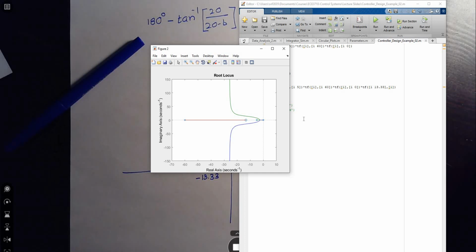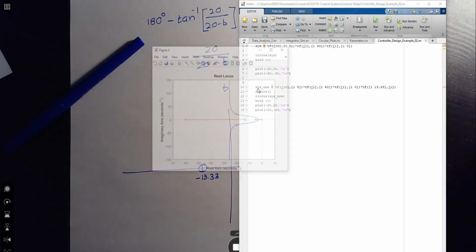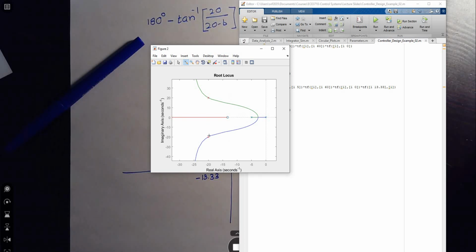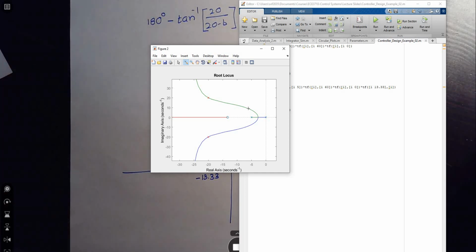Okay, we have something. Let's try with those locations. Voila. Now you can clearly see our design was good. The design is correct, the root locus goes right through those desired pole locations.